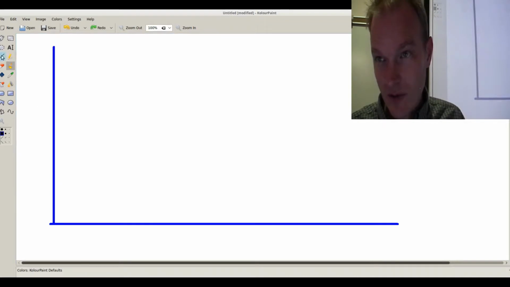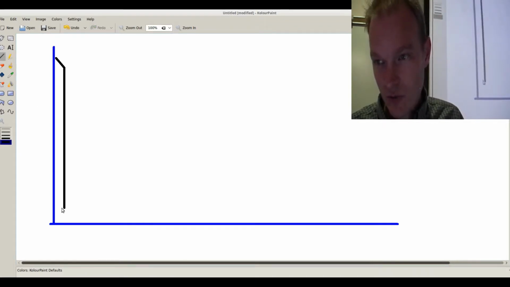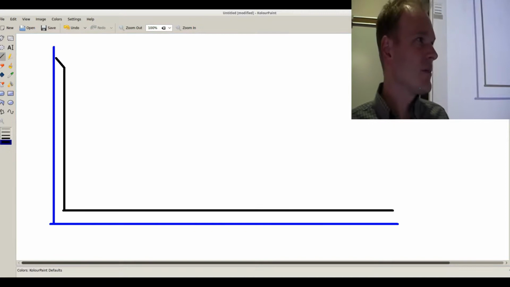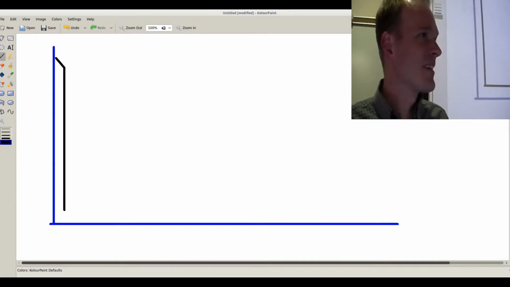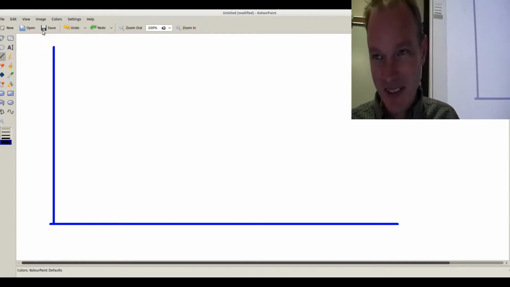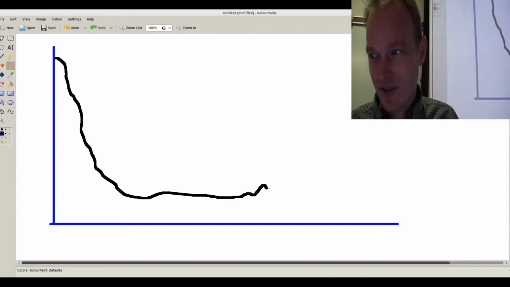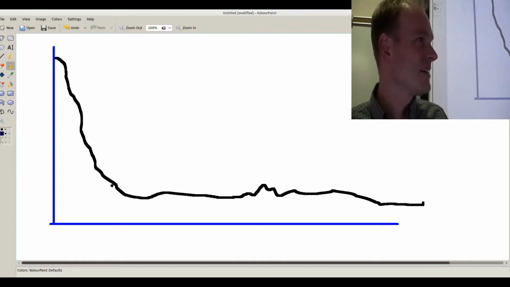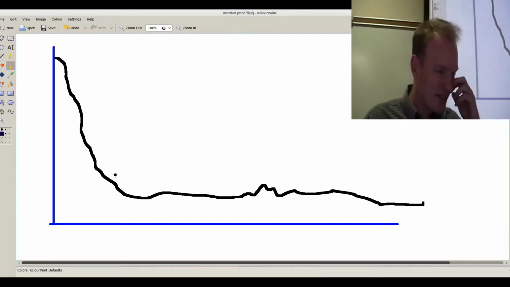I can't draw very straight. Is that what your charts look like? Because that's a very boring chart, isn't it? I mean, we'd kind of like a chart that looks a little bit more like that-ish, right? Because then we can at least see some variance in it.